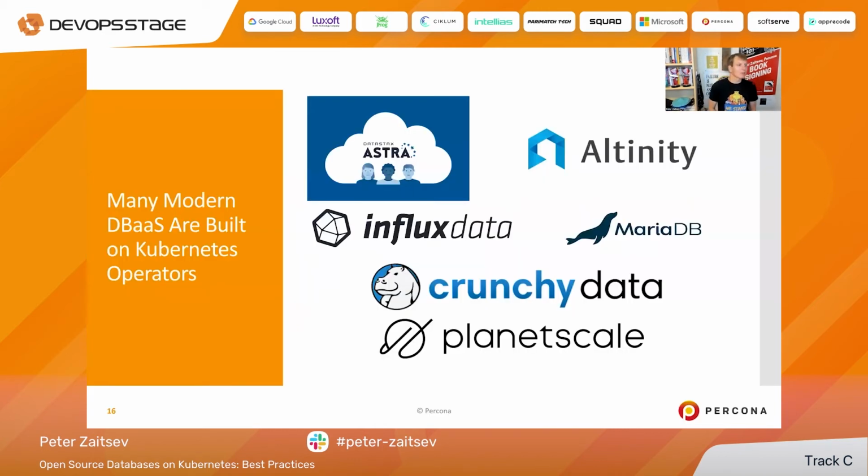Now, maybe to convince you even more that operators on databases are doable and practical, I pulled out here some of the public cloud database as a service offerings, which have publicly spoken at one time or another about using Kubernetes underneath, right?